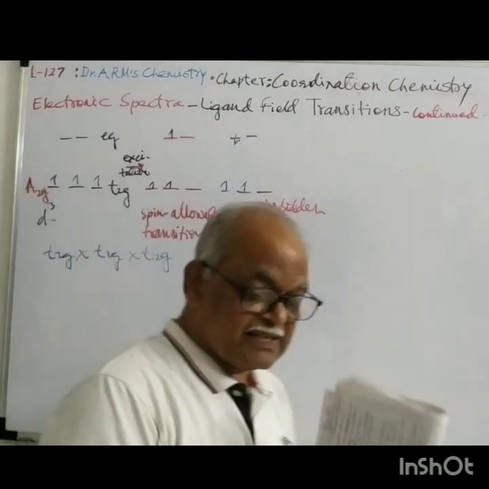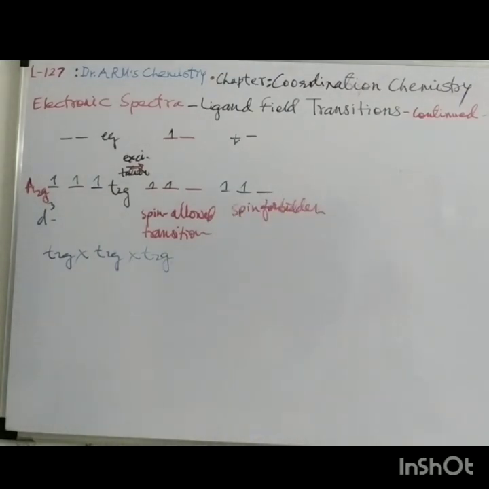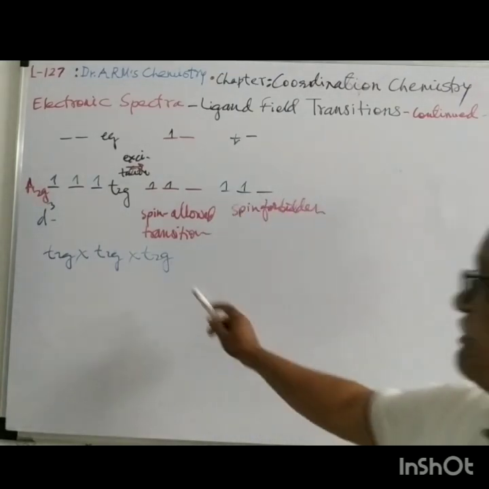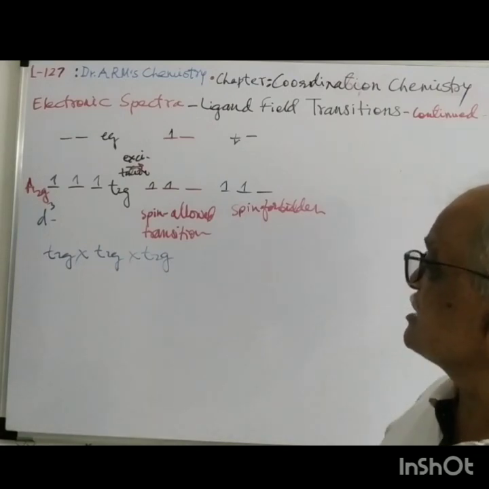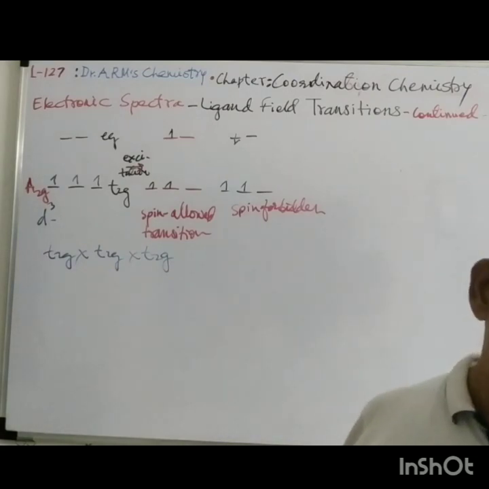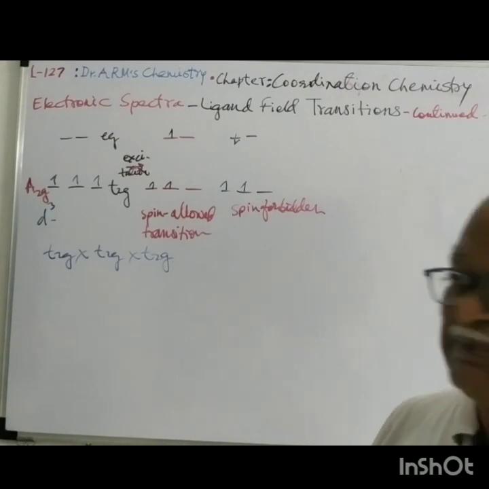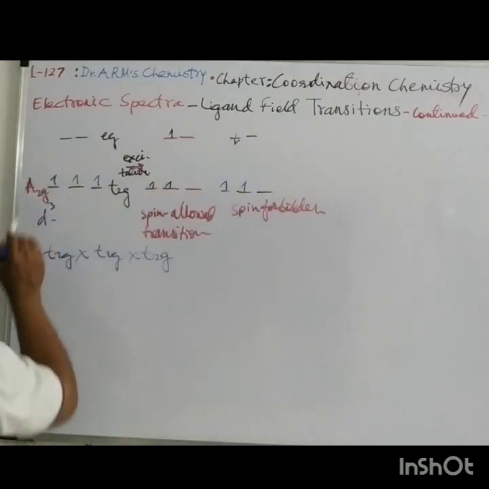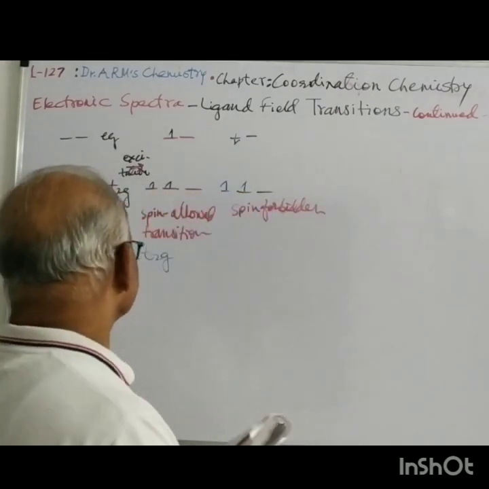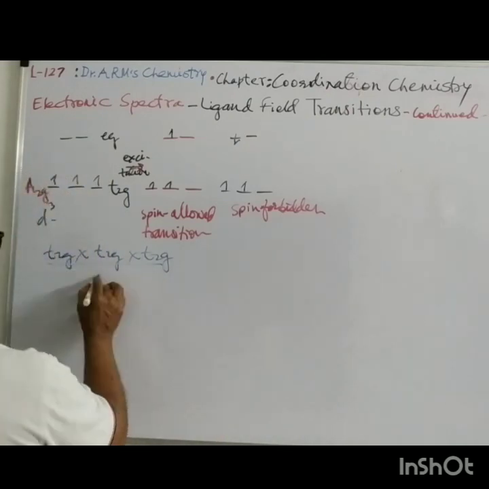So this shows that the t2g orbitals are transformed into themselves in this way, and that is called symmetry.